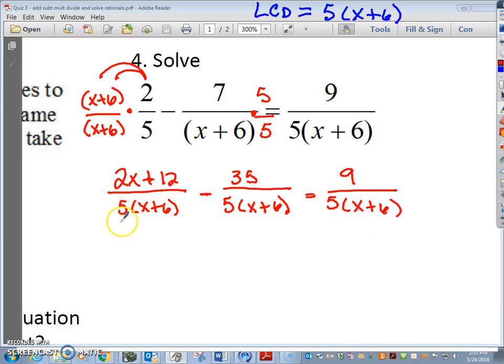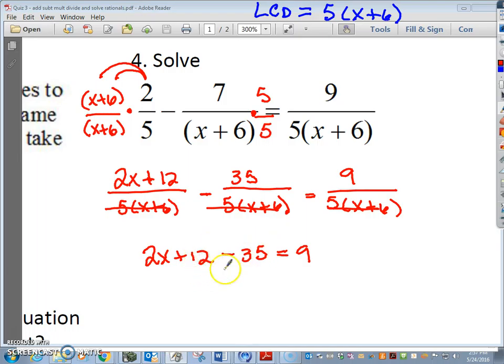Now look at this. We have 5 times x plus 6 at the bottom, here, here, and here. Whenever we have it at every term, they can be ignored. You can actually forget about them. All I have to pay attention to is the top now. You can drop them. So I drop the denominators because all I need is what? The top. 2x plus 12 minus 35 is equal to 9.